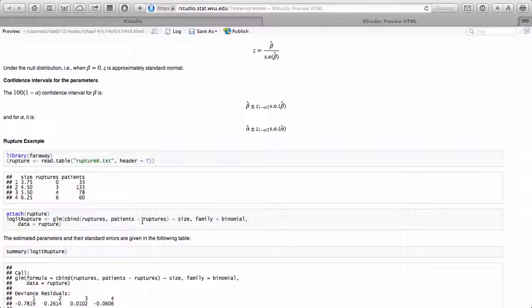In other words, rather than just saying, is there a dependence relationship between the size of the aneurysm and whether or not it ruptures, we'd like to get a prediction model based on the size. But remember, we will be predicting the probability that it ruptures.